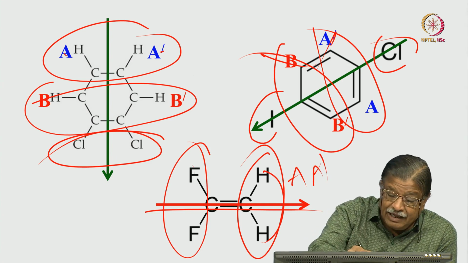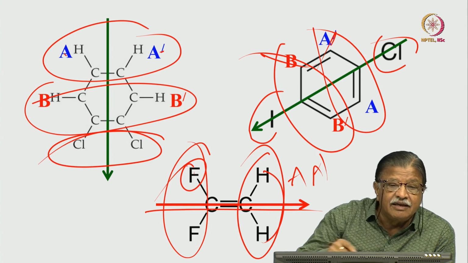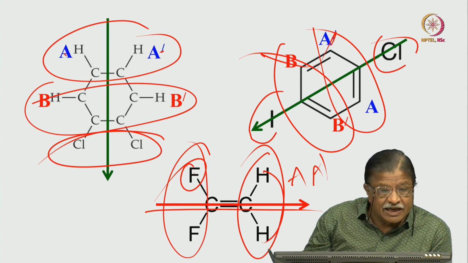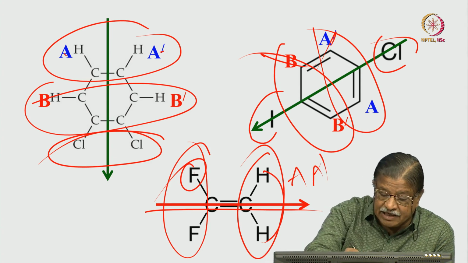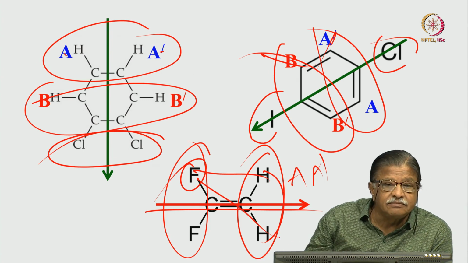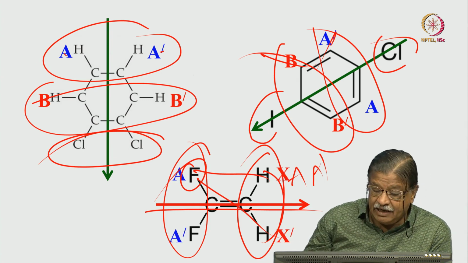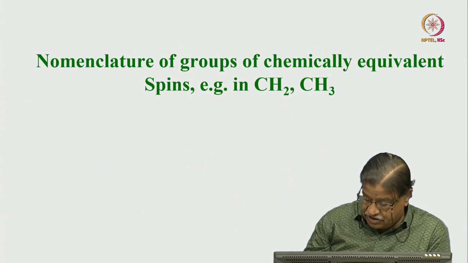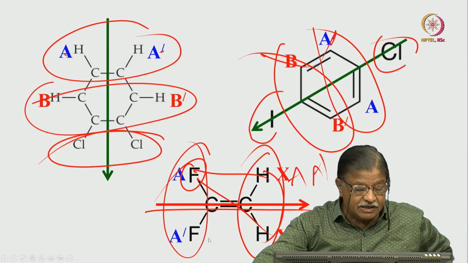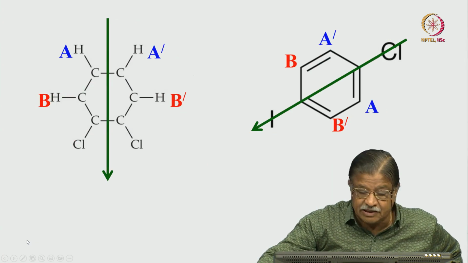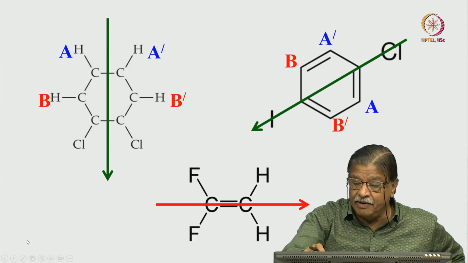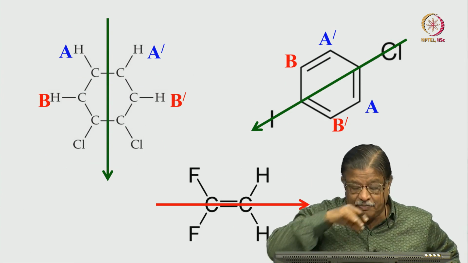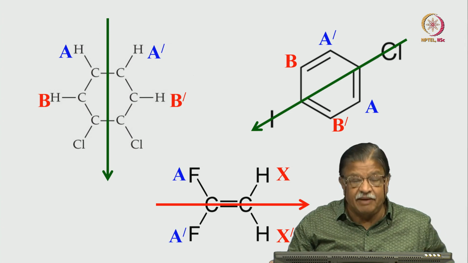These 2 fluorines are chemically equivalent, and this coupling and this coupling are different. So, I call it an A prime XX prime spin system. Remember, this is A prime B prime, these 2 are an A prime B prime system, this is A prime XX prime.